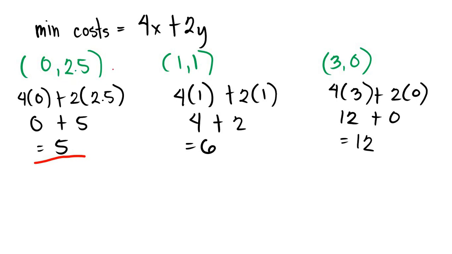Even though the athlete will not drink the first drink, he or she will still be able to meet the minimum requirements for the protein and carbohydrates if he or she drinks 2.5 of the second drink a day. That answers our word problem in linear programming, specifically the minimization.